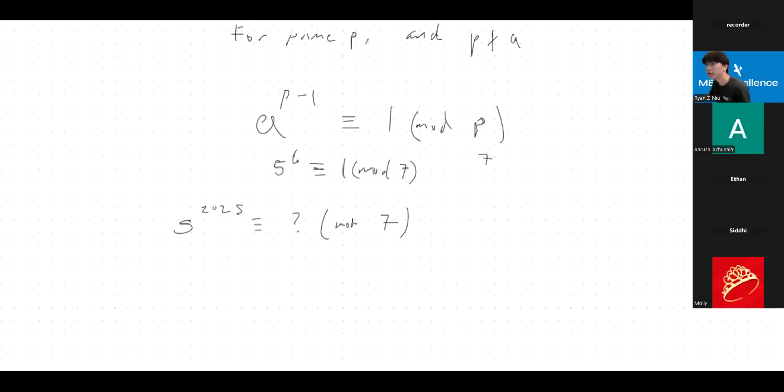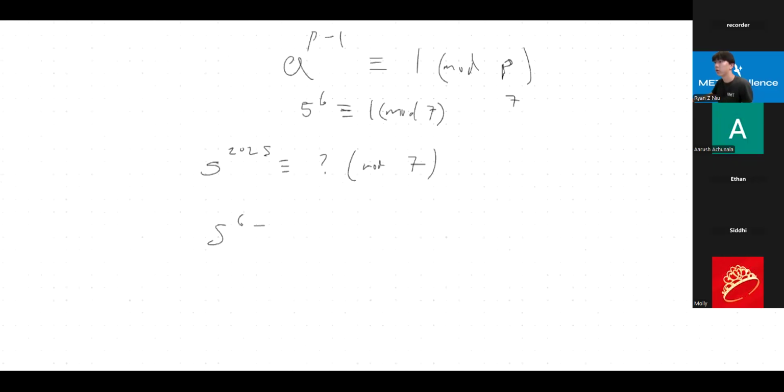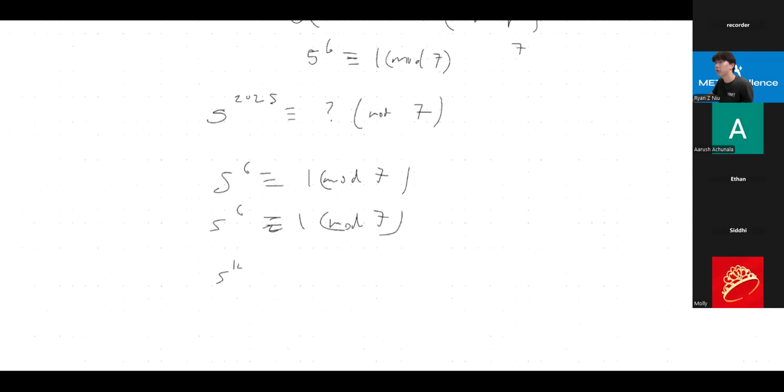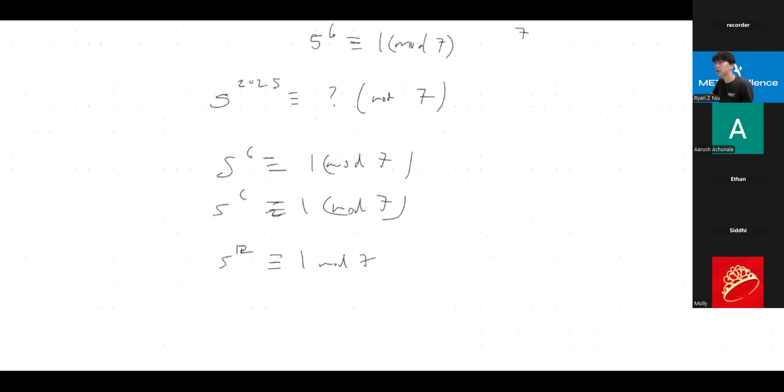How does this help us here? Well, like in a previous problem, we can keep stacking these equations together. If we multiply these equations together again, this is still going to be 1. So 5 to the 12th is still going to be 1 mod 7. As long as this power is a multiple of 6, it's going to be 1 mod 7.